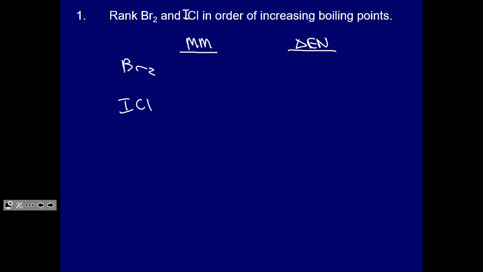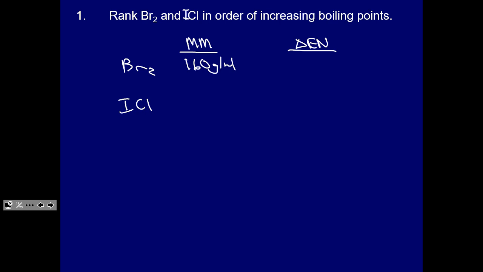We had Br2, didn't we? That was like 80. 80 times 2, that's 160. I and a Cl, 127 plus, what is that, a 36?